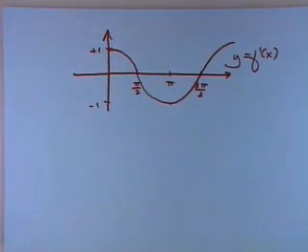Could we start with this function, which, by the way, I hope looks kind of familiar, and develop its antiderivative? And we could do it the same way, couldn't we? Where this is positive, the antiderivative is increasing. Where this is 0, it's flat, that kind of thing.